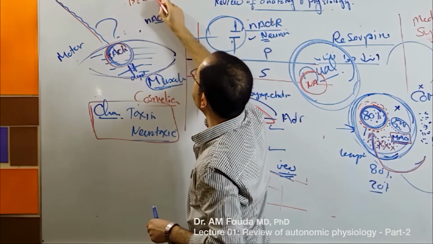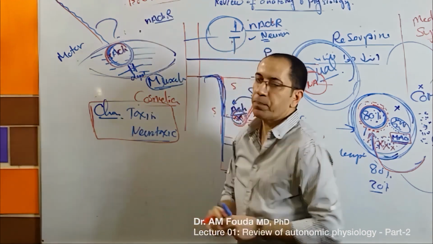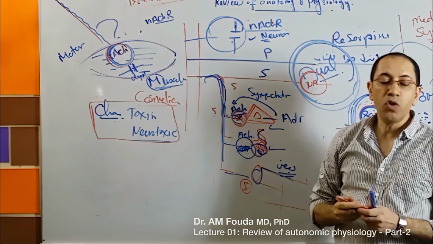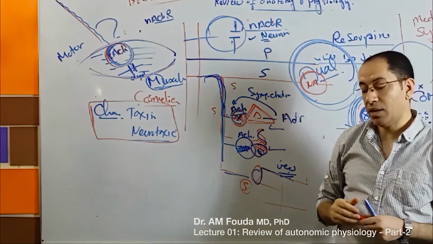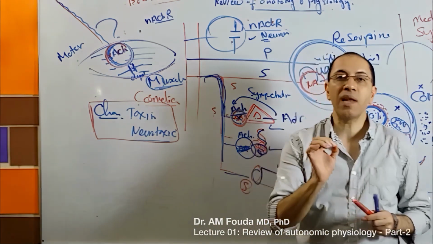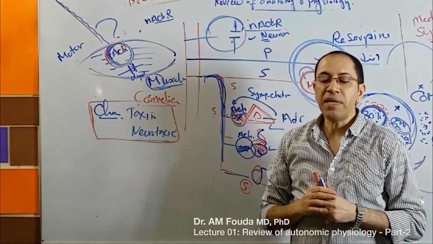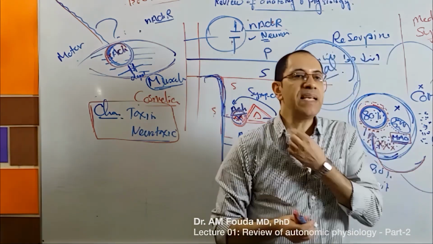Since this toxin can cause paralysis of skeletal muscle, then we can use it in very tiny concentrations for medical purposes. How can we use such a toxin in medicine? Imagine if someone is experiencing spasm of certain muscles in his neck.